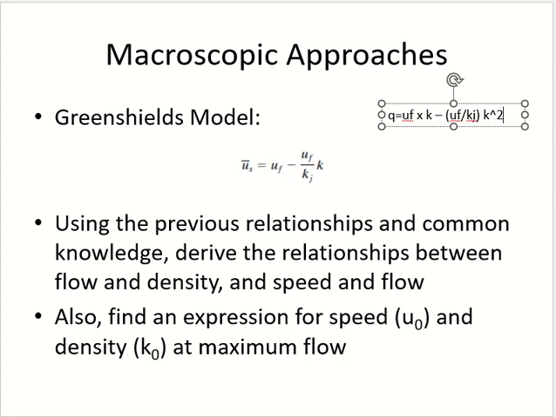So US equals UF upon KJ. This goes here, and then this comes to the other side. I just switch that.